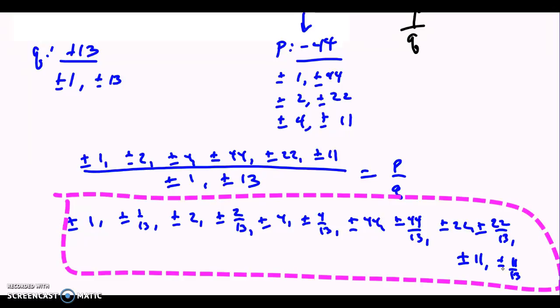If you can find one, use synthetic division to reduce your cubic equation to a quadratic equation, and then use your quadratic factoring techniques to finish up solving for the remainder of the zeros. There are 3 zeros total. I'm going to let you pause the video now to try the problem.